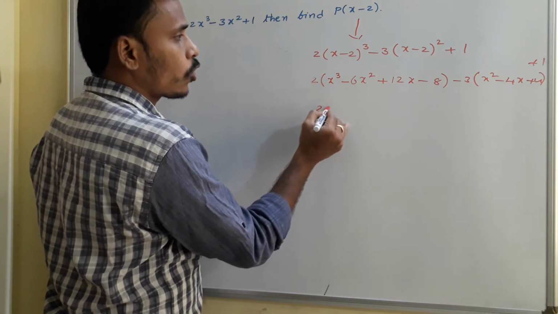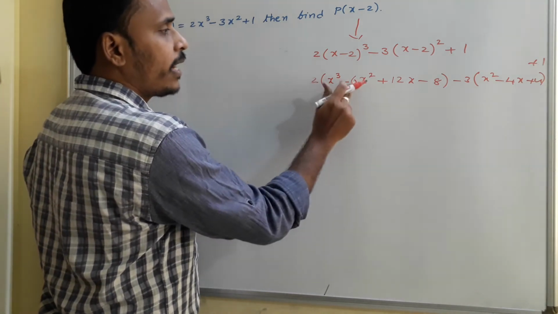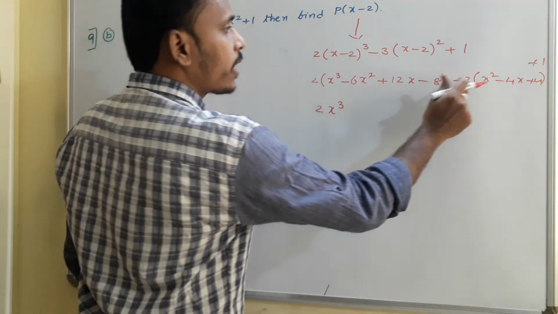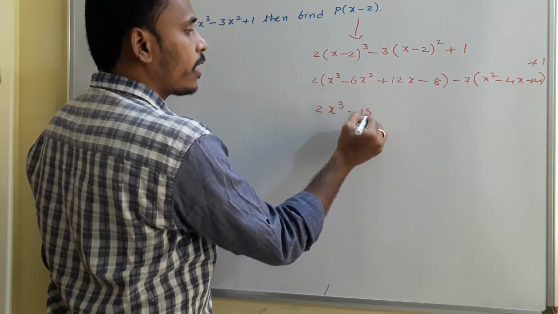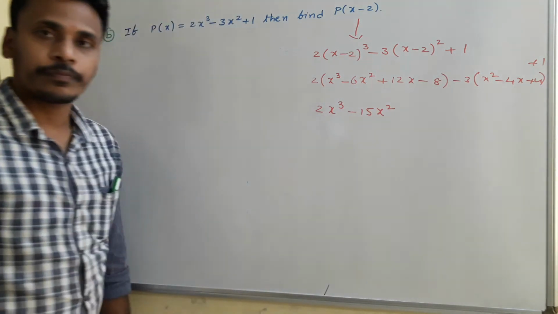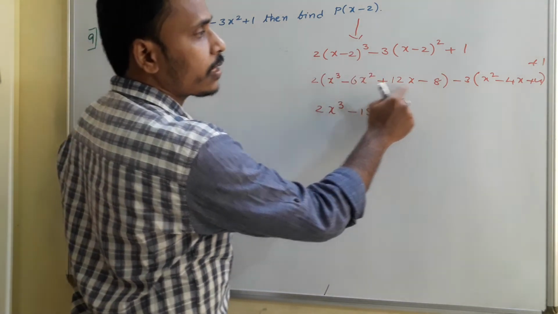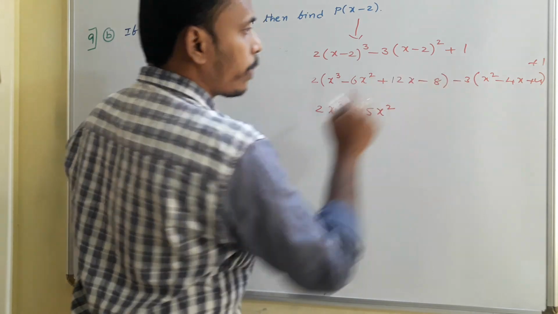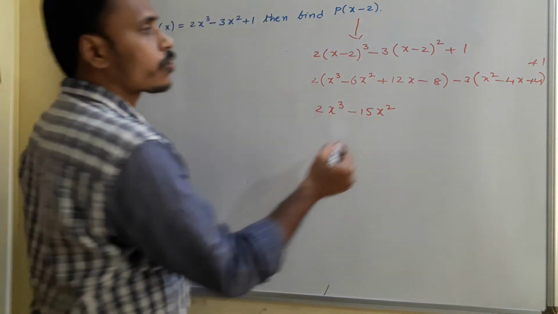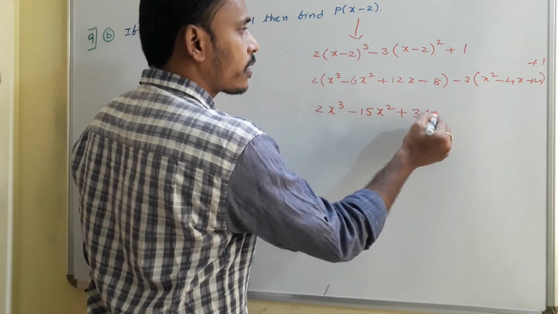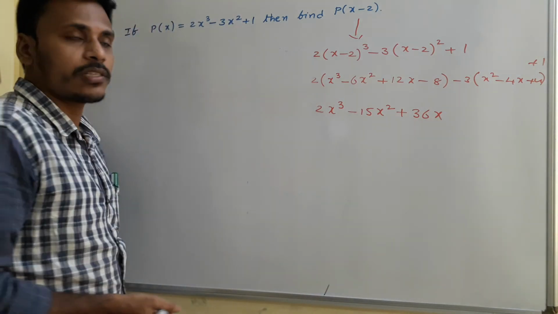See, 2x cube, and then minus 12x square minus 3x square is minus 15x square. And then coming to x, 2 into 12, 24x, plus 12. 24 plus 12 is 36x. Then think about constant.